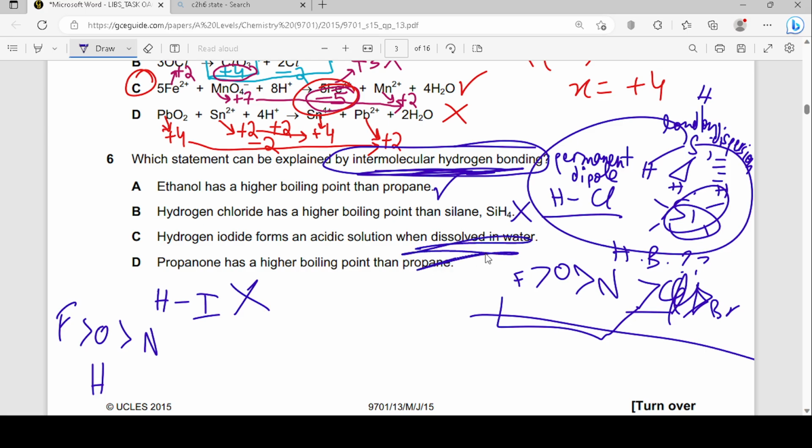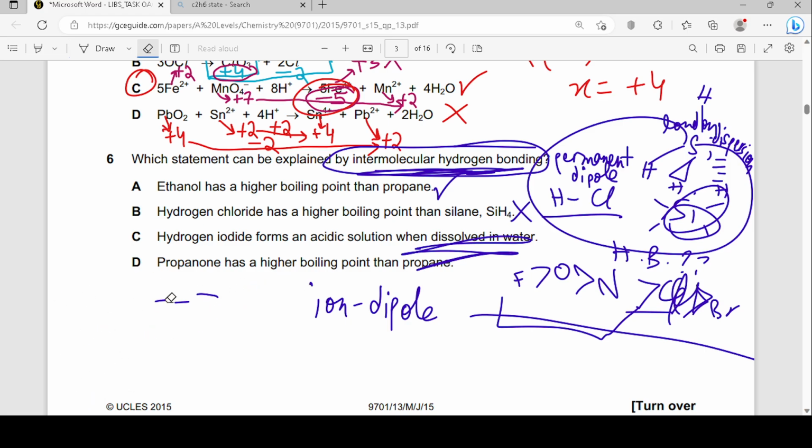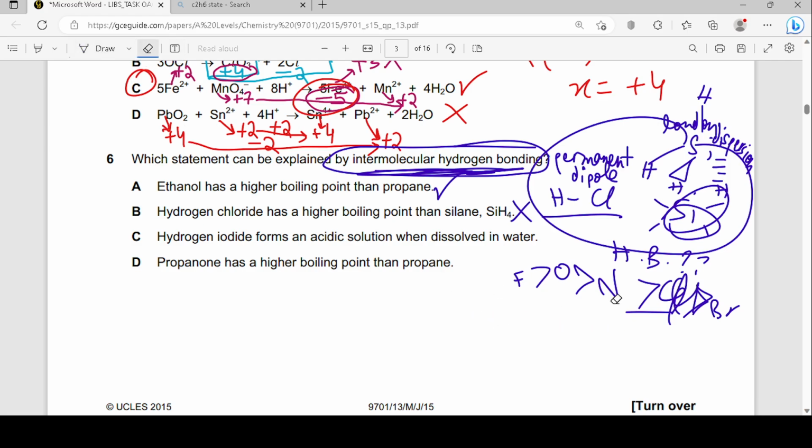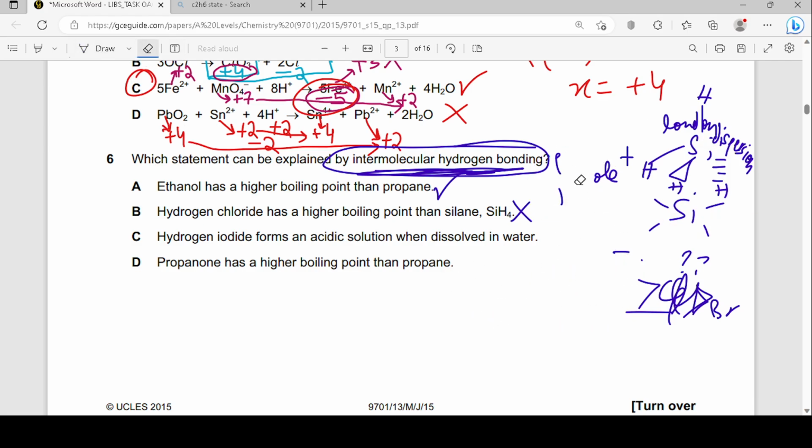And when it's dissolved in water, it would form ion-dipole interactions with water, or actually it would react with water to give an acidic solution. But there's no hydrogen bonding involved in that at all, is there? It's just dissolving, forming an acidic solution. So we can also eliminate option C.